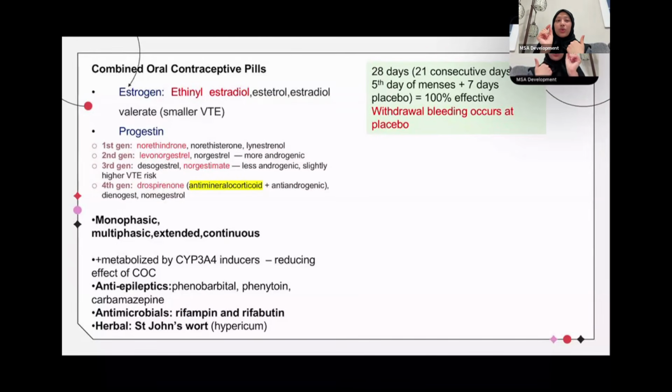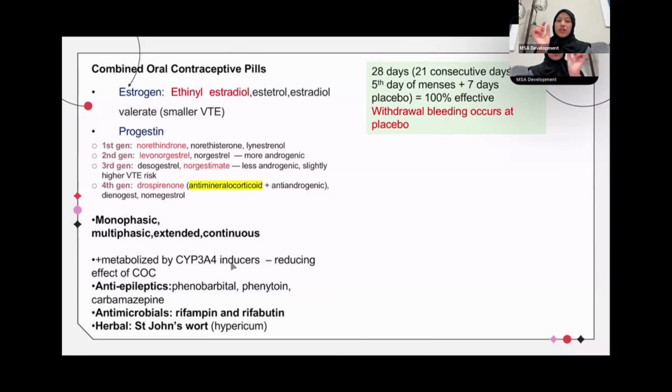Okay, so let's say that this is induced and someone is taking birth control pills, like the oral contraceptive pills. They will be metabolized faster than normal because of these drugs that are inducing this enzyme.